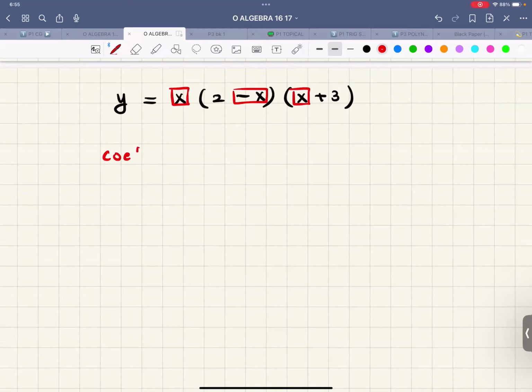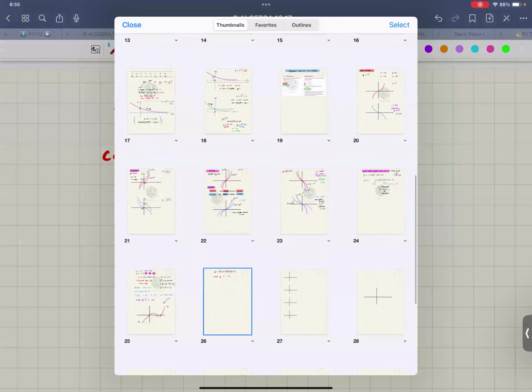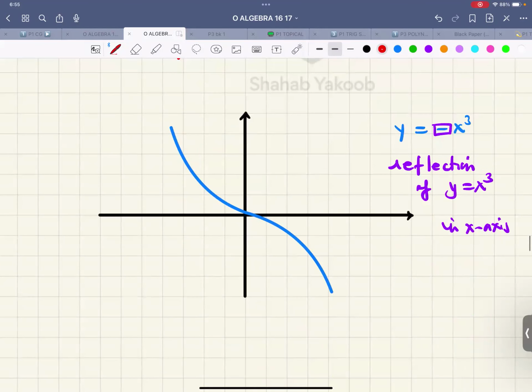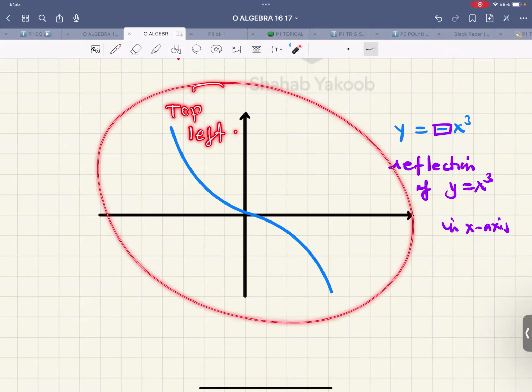That means the coefficient of x cubed is negative. Let me remind you that the graph will start at the top left of the grid, and it will go till bottom right.